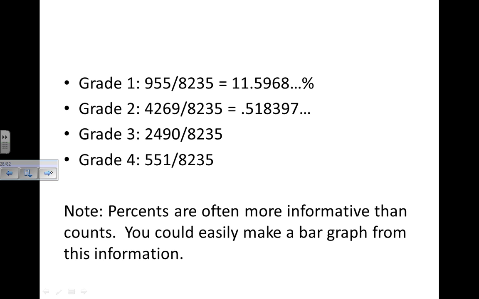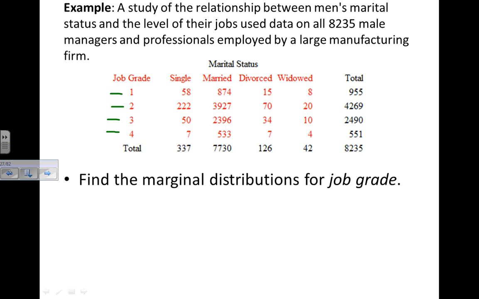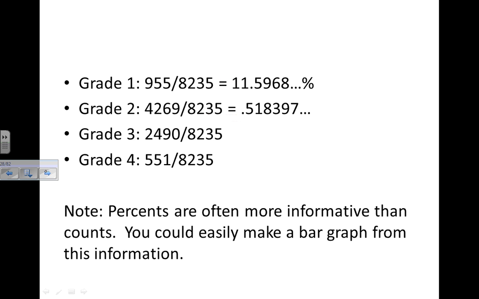Well, the grade 1 total was 955. Sorry, go back so you can see that for a second. So here are your totals for the job grades overall. So you're going to use the overall total with marginal distributions. Okay, and you can fill in the rest of those percents. So about 12%, about 52%, and find grade 3 and 4.